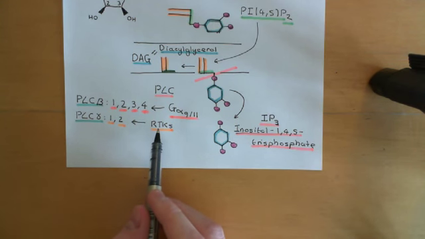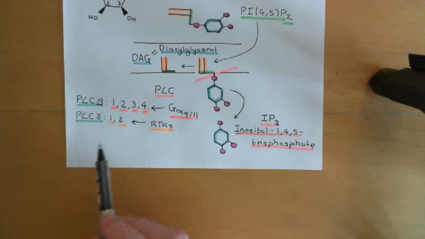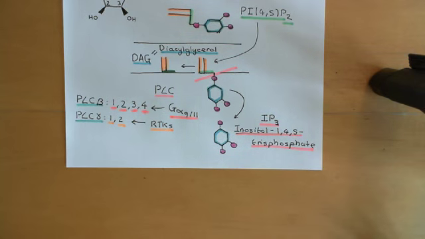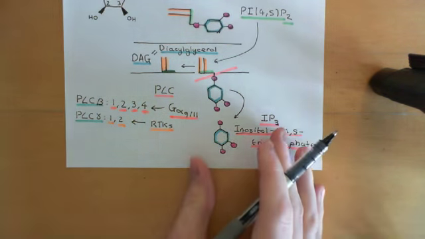R for receptor, T for tyrosine, and then K for kinase. And again, we will look at this pathway by which receptor tyrosine kinases can activate phospholipase C gamma enzymes. So the first thing then to talk about is the phospholipase C beta enzymes and how they can be activated by the GQ/11 cascade.